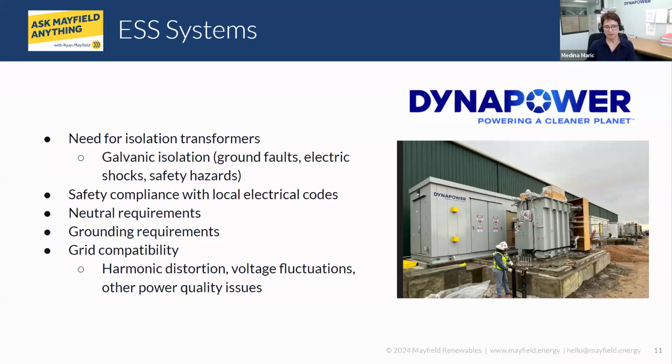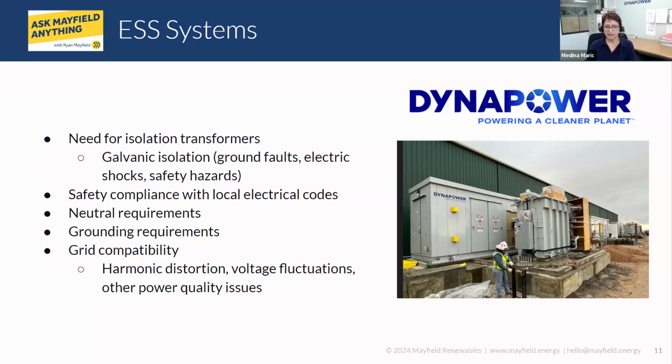Again, there are several reasons. One being galvanic, the others are safety compliance, grid compatibility, noise reduction, grounding flexibility, equipment protection, and limiting the overcurrent, acting as an overcurrent limit in that function.